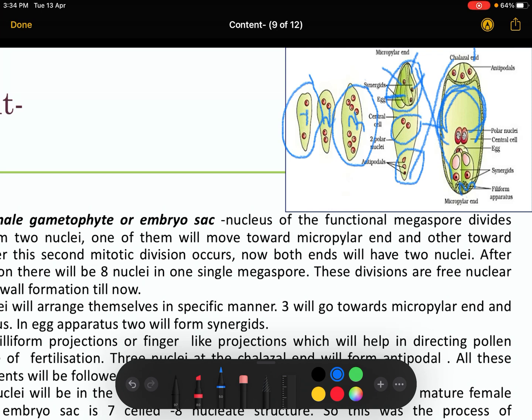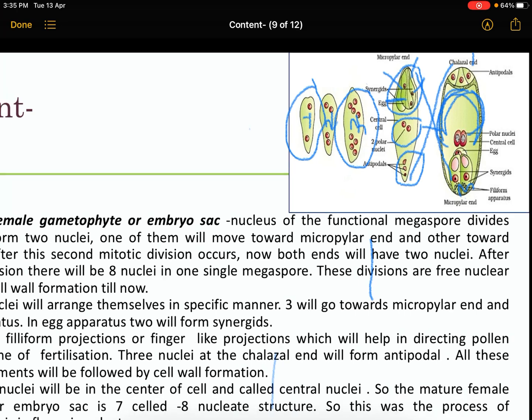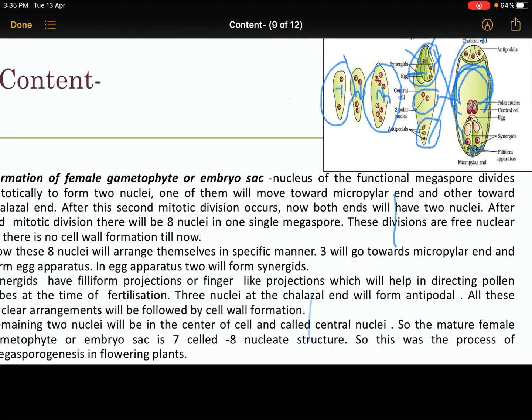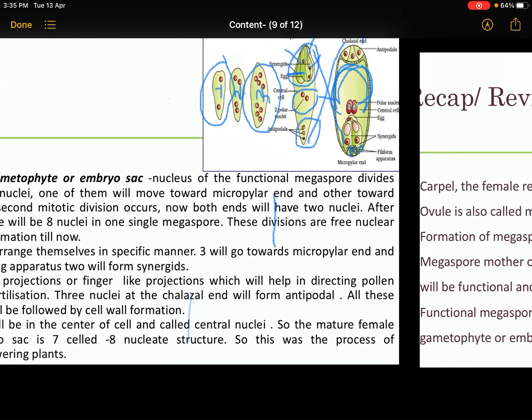So, the female gametophyte or embryo sac of flowering plants has a 7 celled 8 nucleate structure. You can see here I have written the female gametophyte or embryo sac is a 7 celled 8 nucleate structure. This is the process of megasporogenesis in flowering plants.